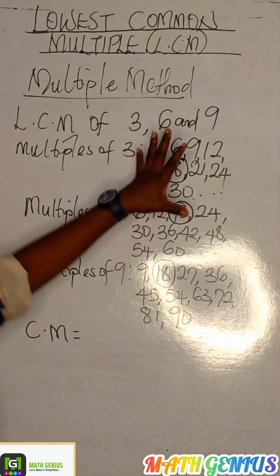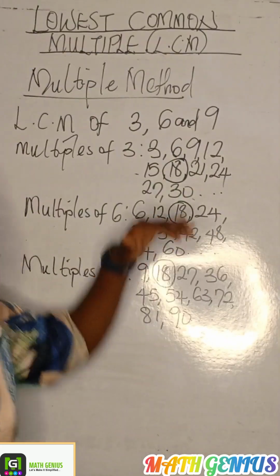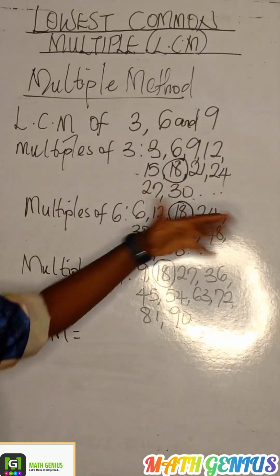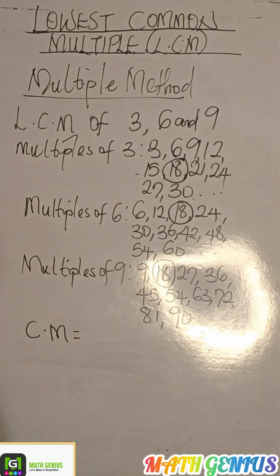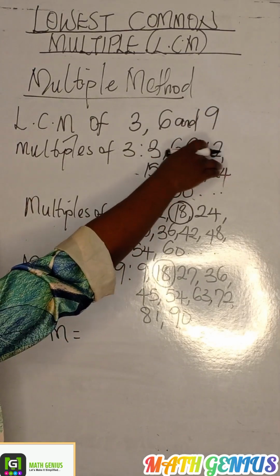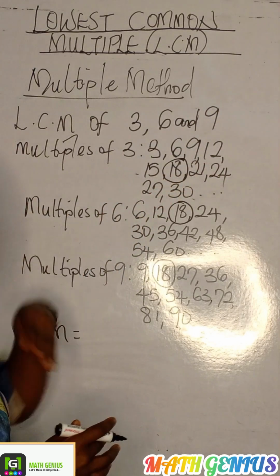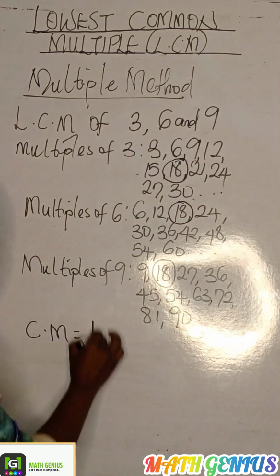So from our given multiples, remember I said your multiples can increase. If we increase these multiples, like say up to 20 times, we may definitely find another common multiple. If you increase, another common multiple here will be 36. But let's just go ahead with what we have: 18, 18, 18.